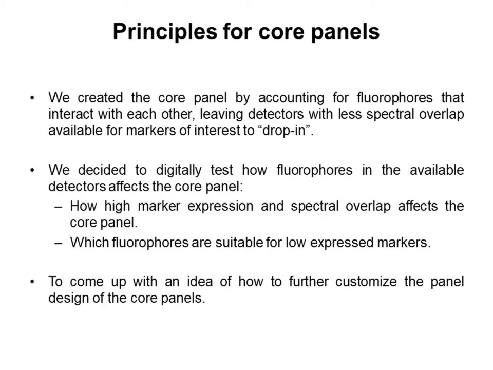Those with less spectral overlap are left free, and this is where the flexibility is interesting, because we know that scientists want this flexibility to come up with their new marker or in-house antibody. The idea is to provide them with core panels that will not be too stringent, so they can really change the markers they drop in along the way.